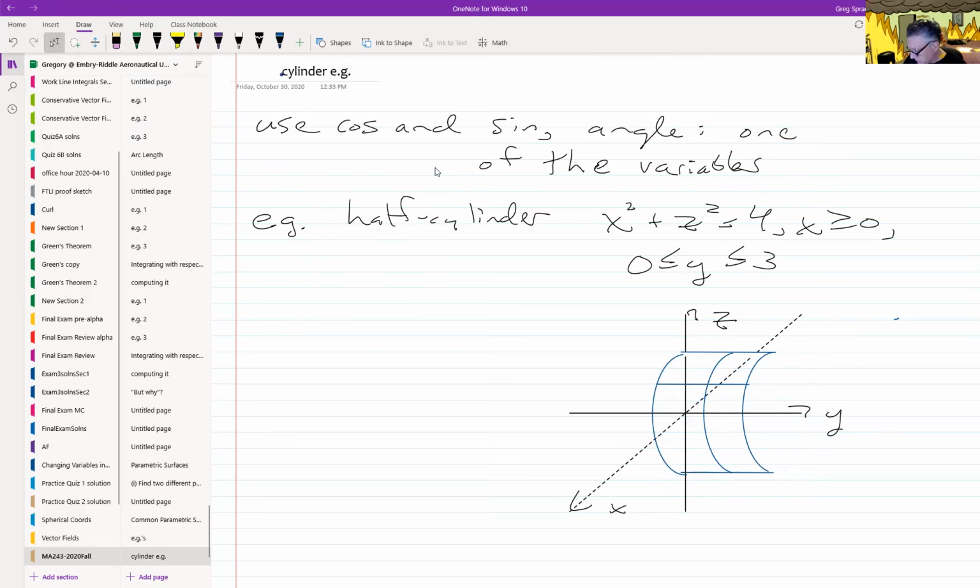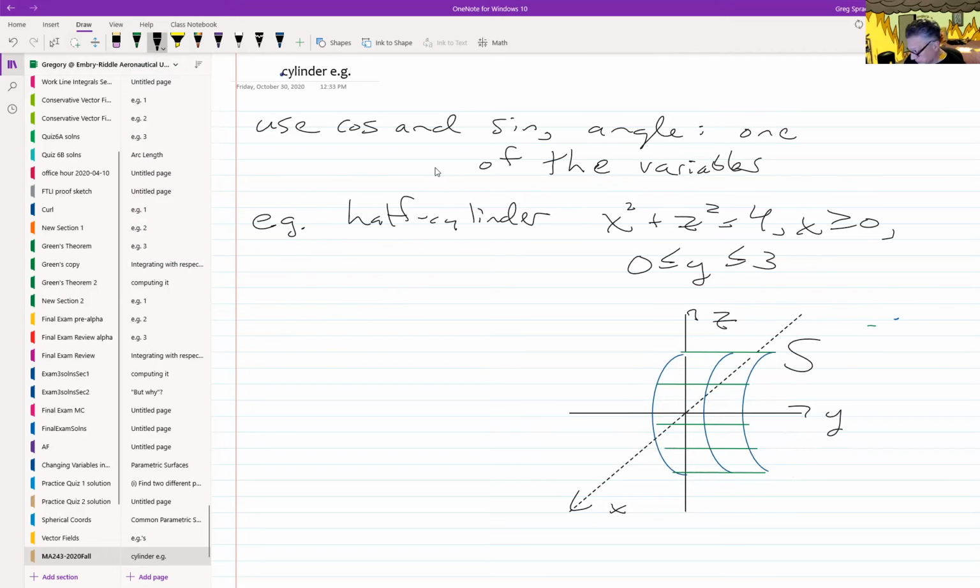You know what? Let me do something a little different here. I'm gonna make those cross sections a different color. So that's our surface.